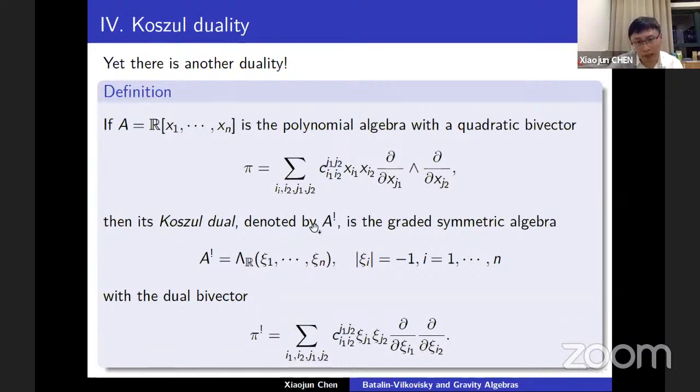So let's consider the dual bivector. I have a correspondence here: partial over partial x_j corresponds to xi_j, and xi_i corresponds to partial over partial x_i, and the other coefficients remain the same.